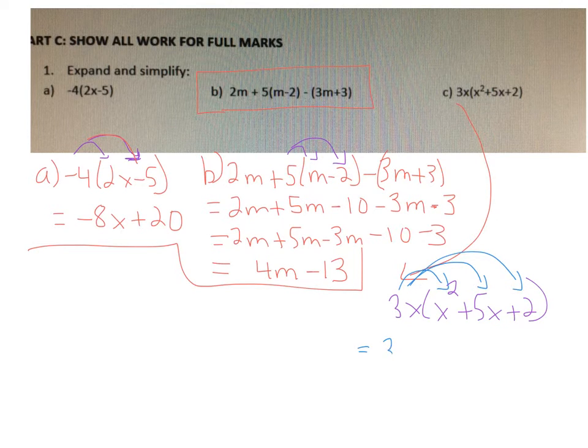That gives us 3x to the exponent 3. Remember, we're adding the exponents, and there's really a 1 on that x that they didn't write. Then we have 3x times 5x, which is 15x squared. Then we have 3x times positive 2, which is 6x.